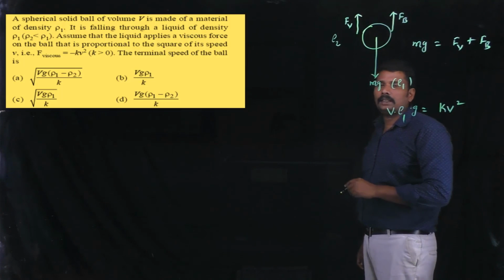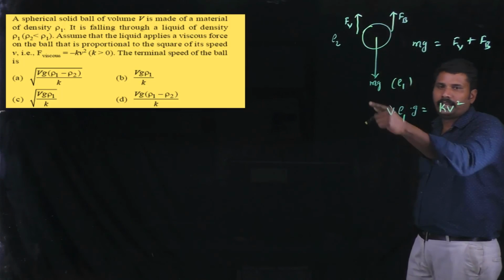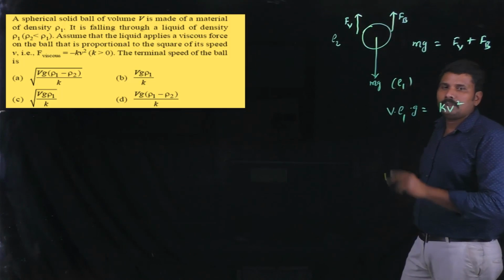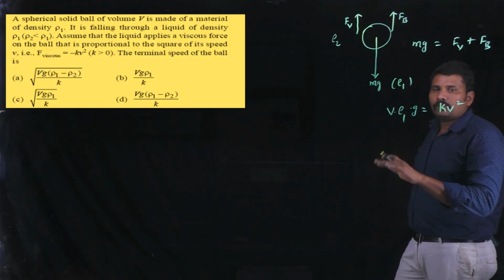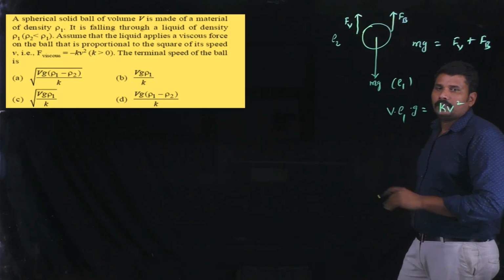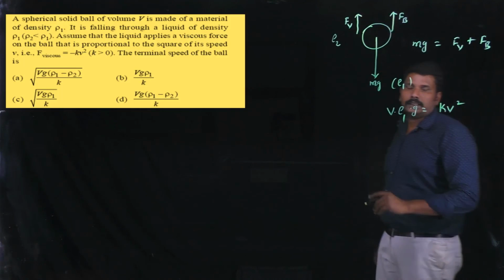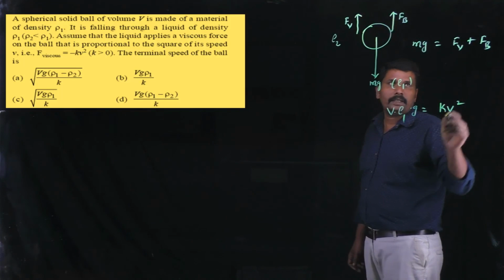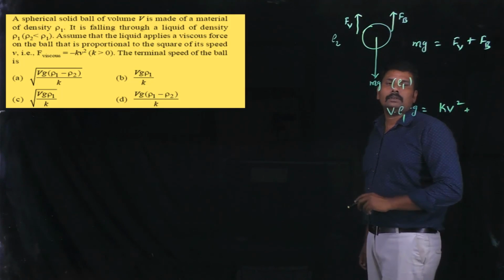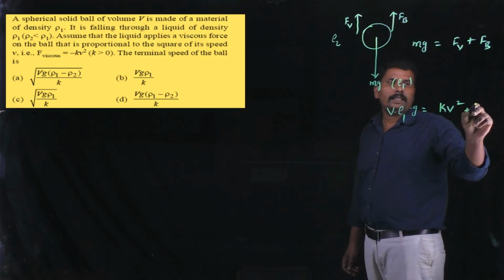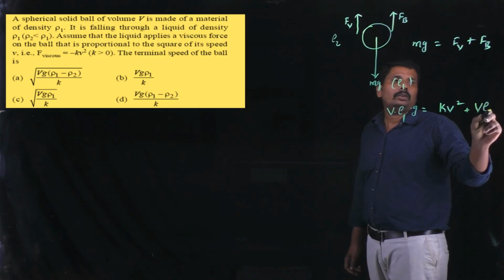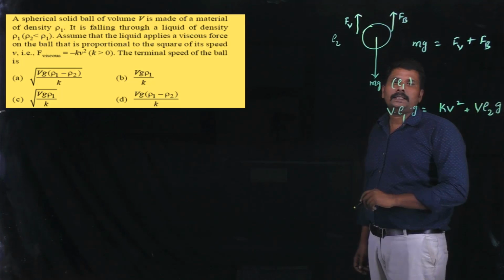That's why it has the negative sign. It opposes the flow of the fluid in its different layers. So it is kv square plus the buoyancy force. The formula for the buoyancy force is Vρ2g, where ρ2 is the density of the fluid.